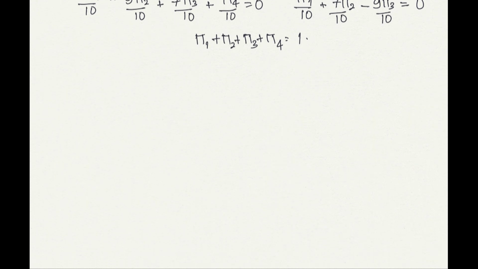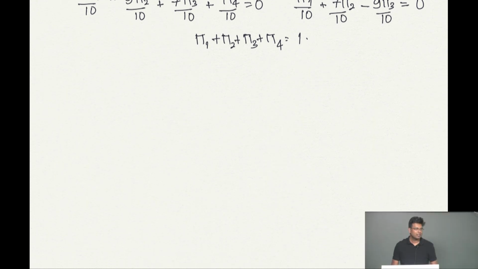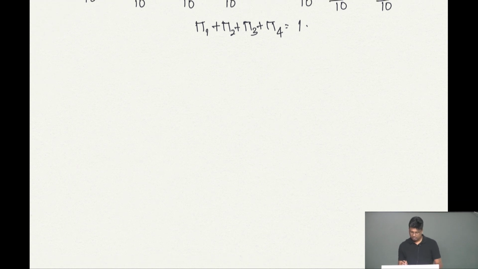So let's look at this interesting problem. Let's make things slightly more serious. This is something we'll look at. The problem is the following. We'll look at something called a simple queue.